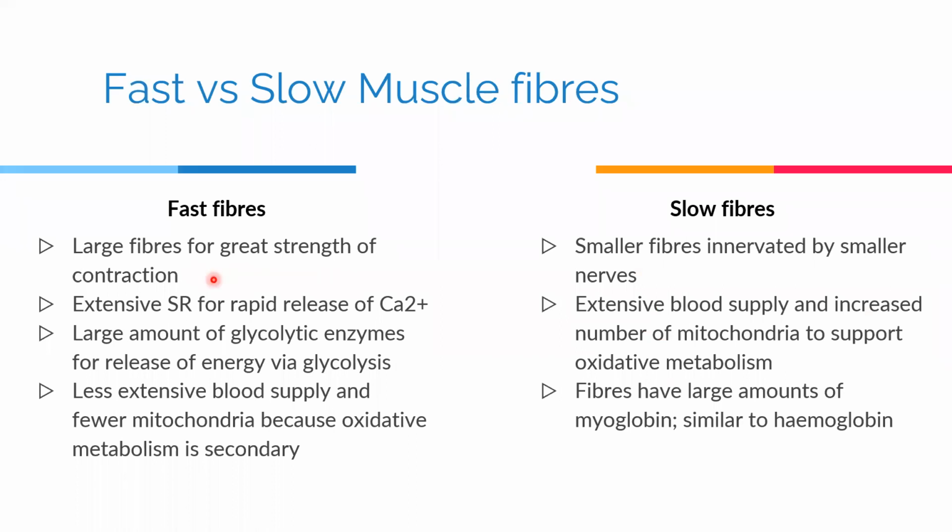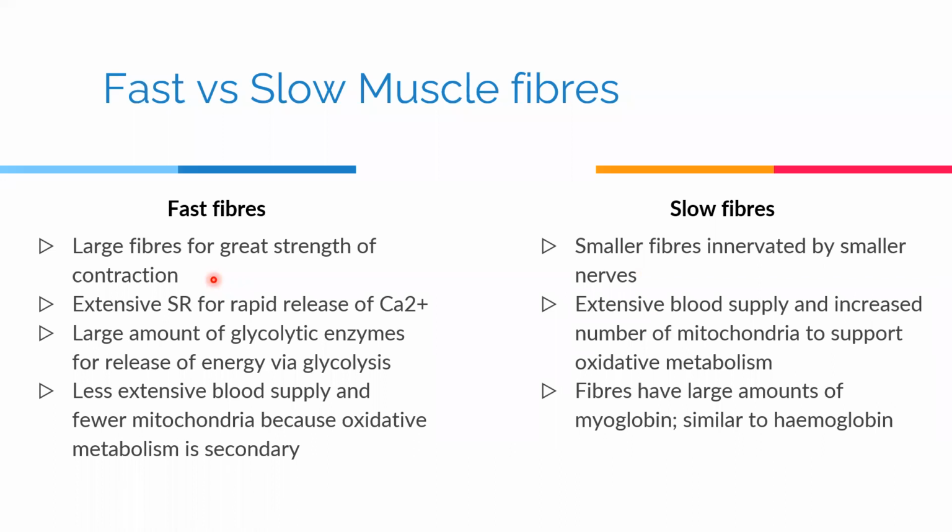These include muscle fibers present in our body, such as our triceps and biceps, which move large parts of our arm and thus require great strength of contraction. These fast fibers also contain an extensive sarcoplasmic reticulum for fast release of calcium, which helps in their contraction.